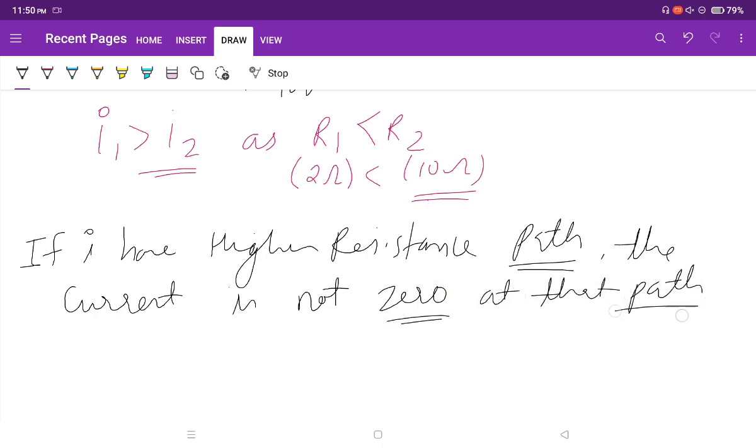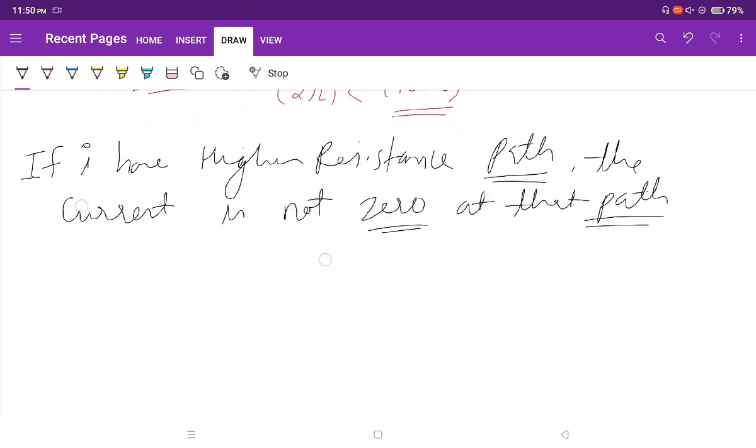It will never be zero. It will have some value that nearly tends to zero, but will never be zero.